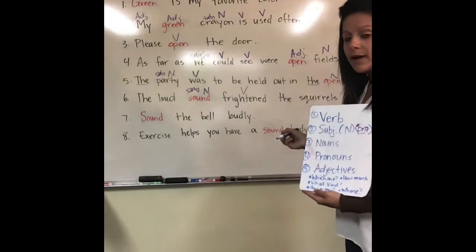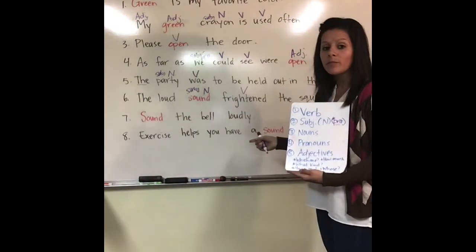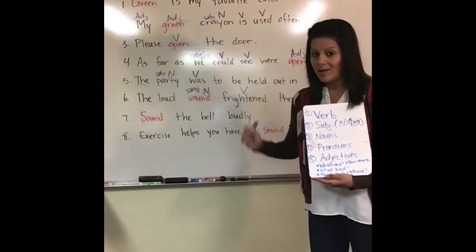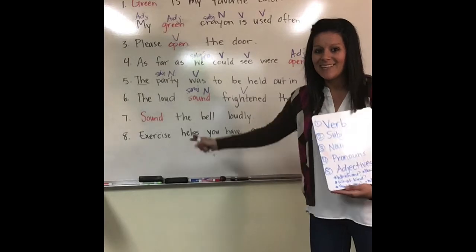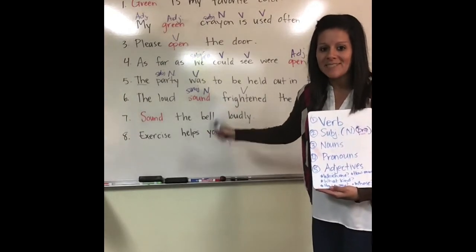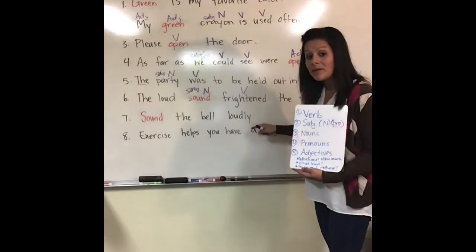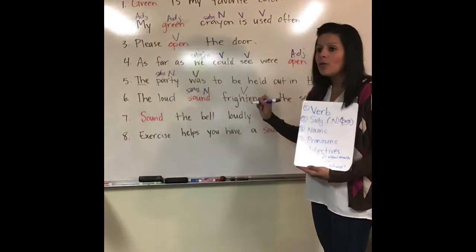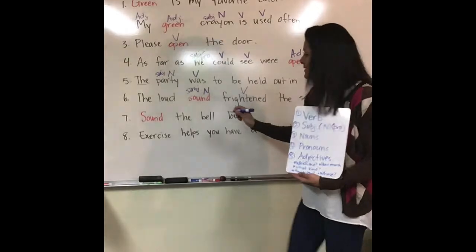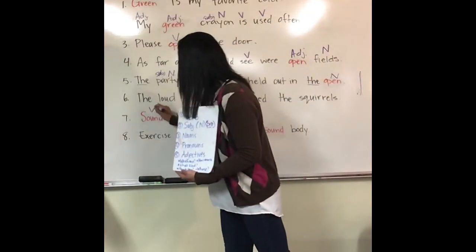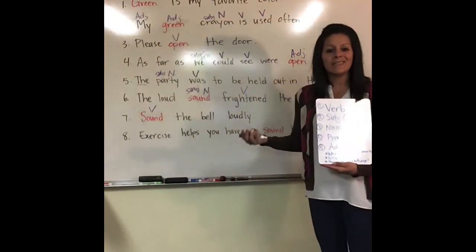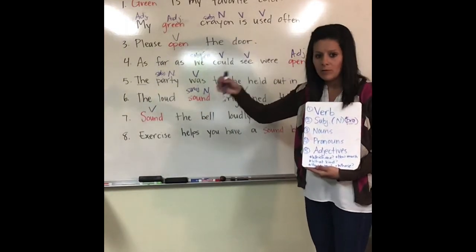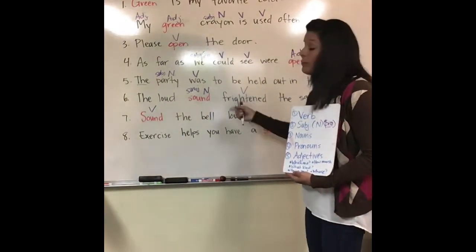So let's look at this real fast. What's the verb? Well, wait, Mrs. Tiffany, is that an imperative sentence? Yes, this is an imperative sentence. So if this is an imperative sentence, they're telling us to do something. So what's our verb? Very good. Sound. What that means in this sentence is to go turn the alarm on, go start the alarm, or the bell.